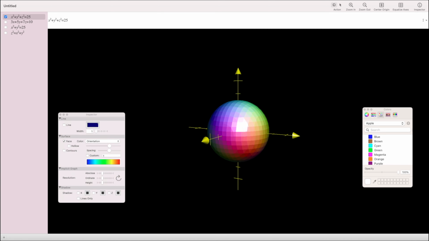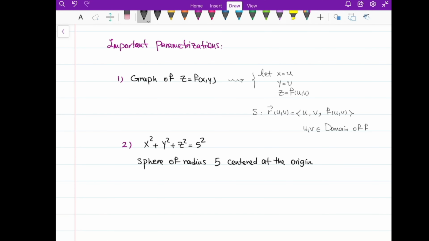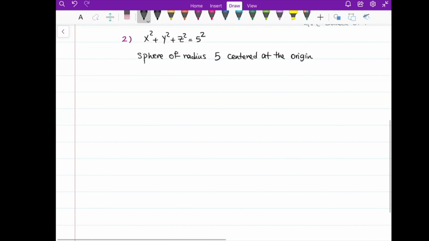Okay, so how can we parameterize that? I'm going to use spherical coordinates to parameterize it. And if you remember, we talked about spherical coordinates before. Let me just graph the sphere also in here. So I have the x-axis, y-axis, and then z-axis.